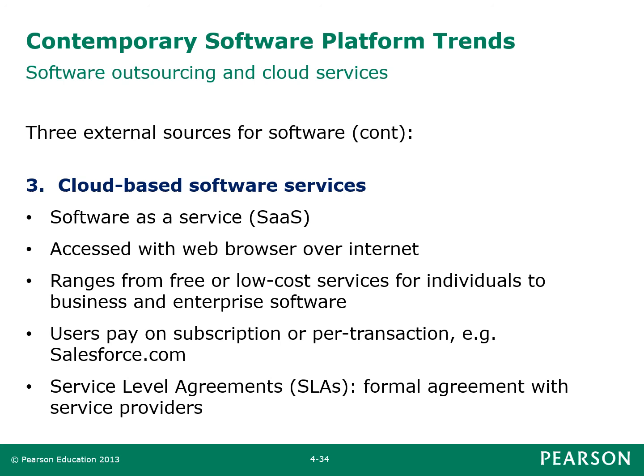This means the application is hosted by a third party, the cloud provider, and as software as a service it is accessed with a web browser over the internet, with a web application, or by client software. So you can use both. Either you use a web browser or you use client software to connect to a cloud.